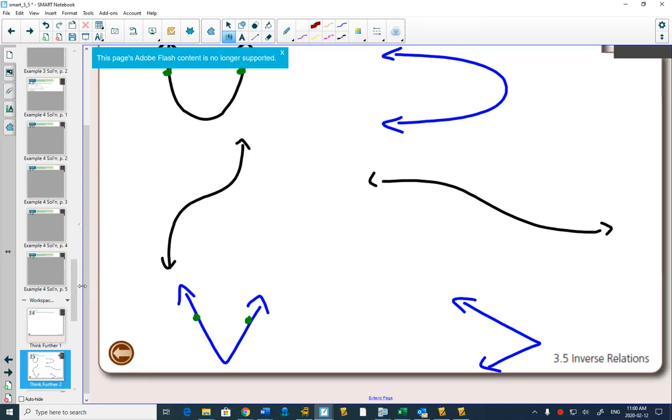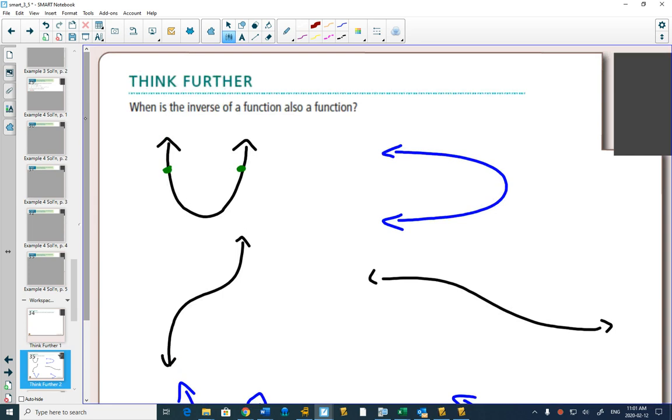And that vertical line test, if it only hits it once, that makes it a function. So what test could we do on this original graph to find out? A horizontal line test. So we could write here, when is an inverse of a function also a function?